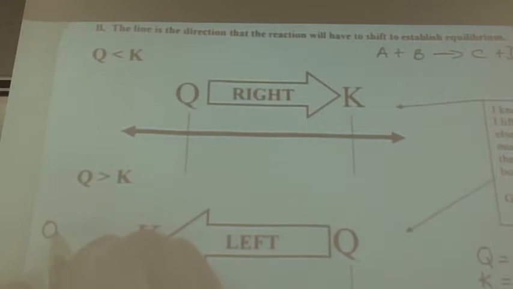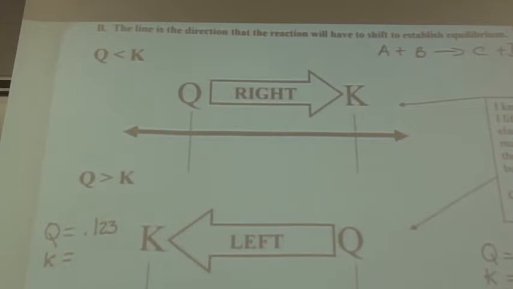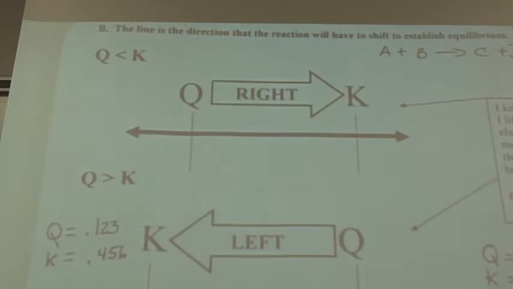Now, let's say that Q is equal to 0.123. And K is equal to 0.456. We're just going to put it on a number line. Wait, did I do that backwards? Indeed, no, I didn't.